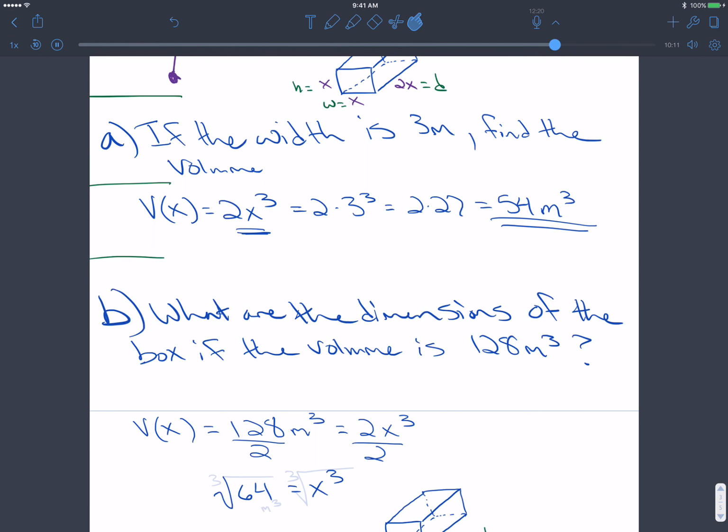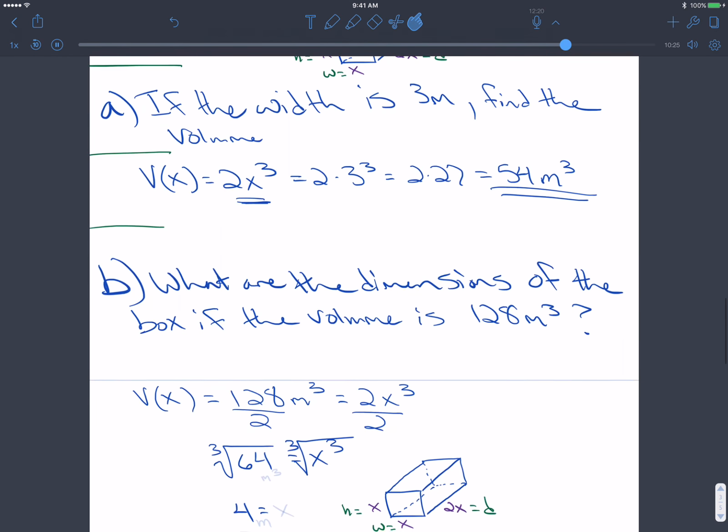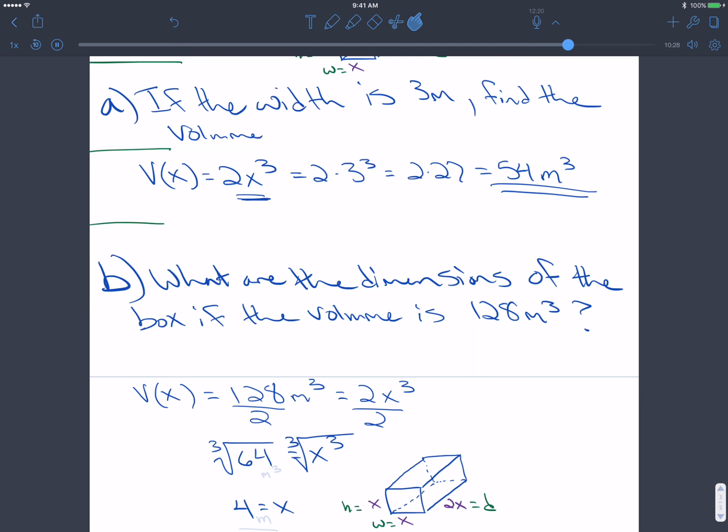In this case, if you take a cube root, the nice thing about an odd root is that it will get you back the same sign that you have. Of course, we're talking about a physical thing, so it should be positive anyway. But if you take the cube root of 64 in your calculator, you should get a 4 back. 4 is equal to x. And remember that the 64 was meters cubed, so when I take a cube root of meters cubed, I get meters back.